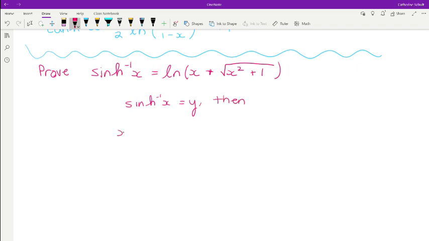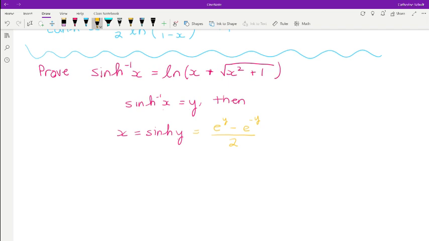then x is equal to the hyperbolic sine of y. Okay, that's just how our inverse functions work, right? (x, y) becomes (y, x). All right, so once we know that, we know the formula for the hyperbolic sine. The argument now is y. Okay, so it's going to be e to the y minus e to the negative y, over 2.